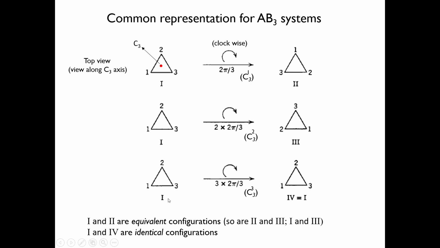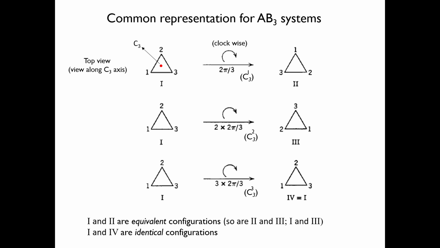So from 1, if you do a C3^3 operation or a 360 degree rotation, that is what is written here also, you will end up in an equivalent, not only equivalent but identical configuration. So 1 is identical to 4 or 4 is identical to 1 in all respects. It is preserving the labels also. That is why we call it an identical configuration.